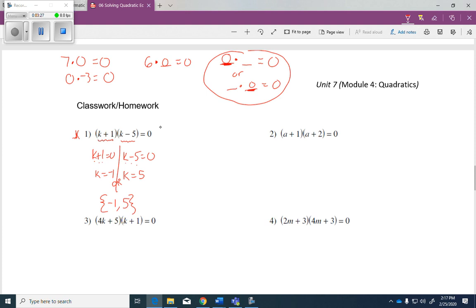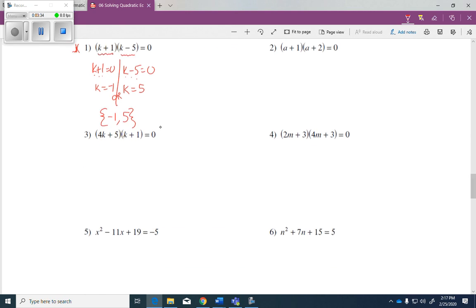So if we take a look at number 3, we can see that there's two factors being multiplied together and their product is 0. So what does that mean? It means this first parenthesis, the 4k plus 5 equals 0, or this k plus 1 equals 0. Now I was able to do number 1's solving for k in my head.